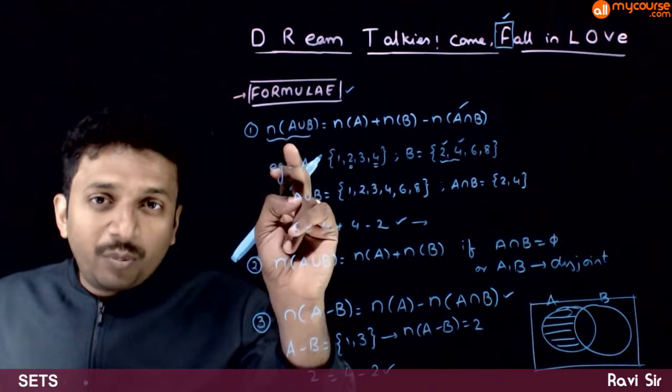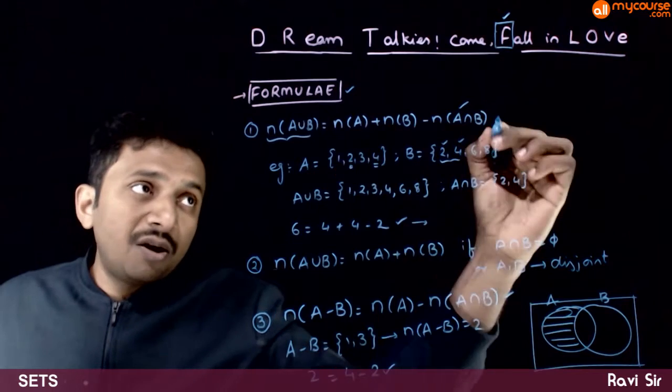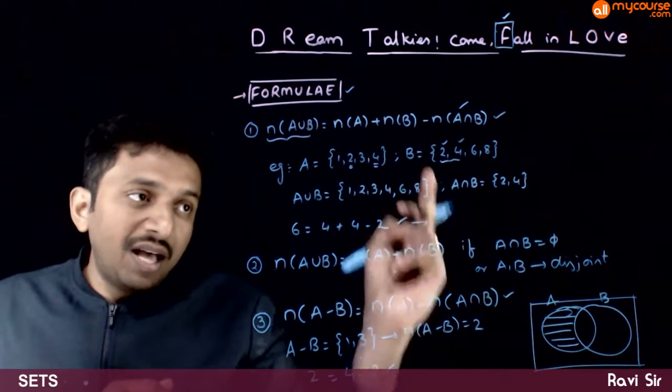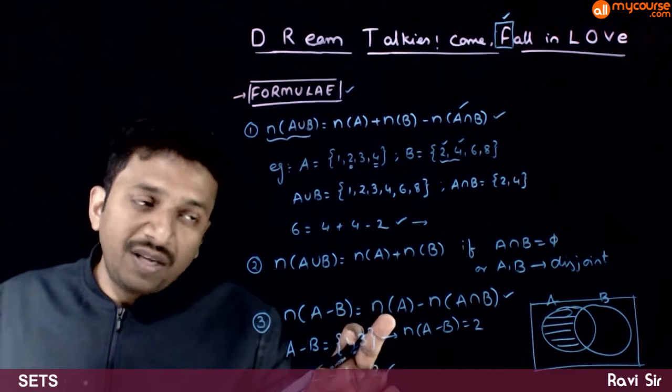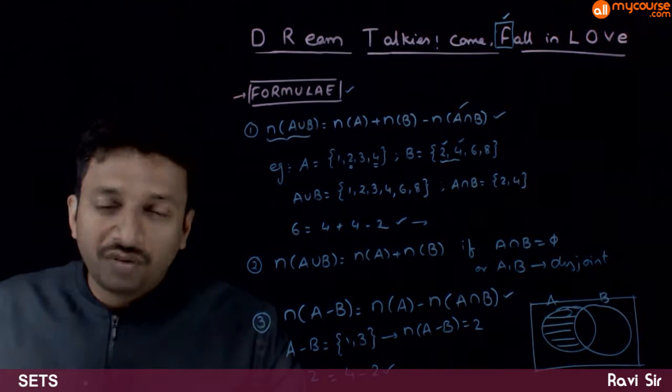So you can see that this property works. So are the first 3 properties clear? N of A union B is n of A plus n of B minus n of A intersection B. If A and B are disjoint, then directly n of A plus n of B. N of A minus B is n of A minus n of A intersection B. So now let us go forward.